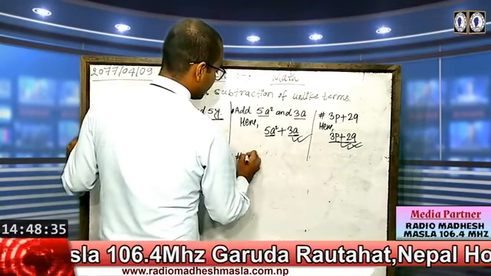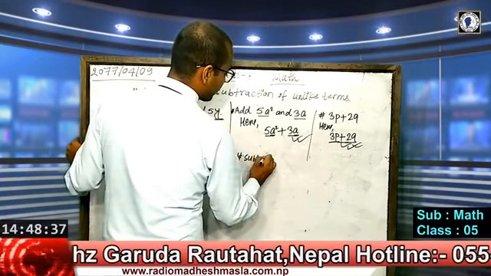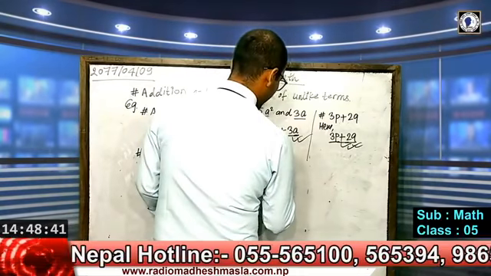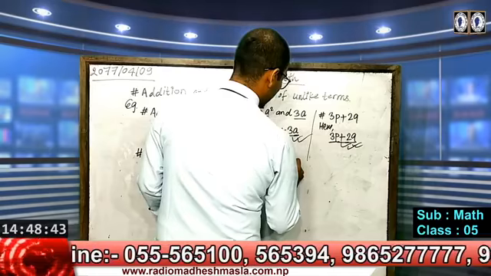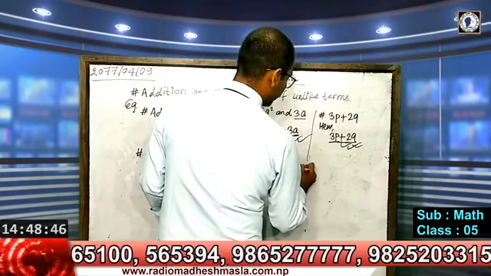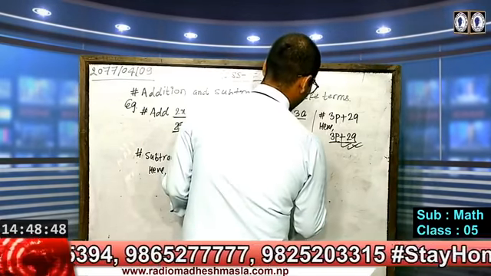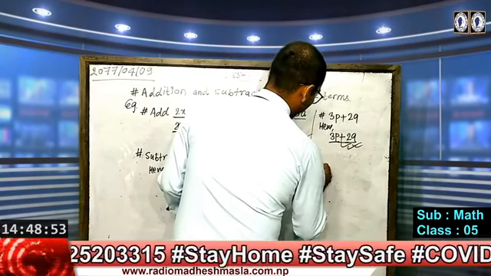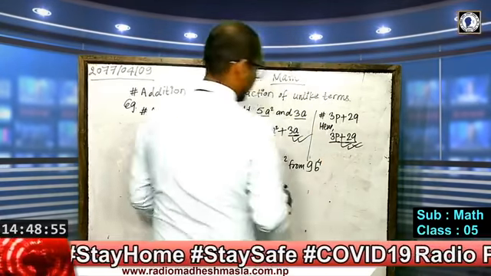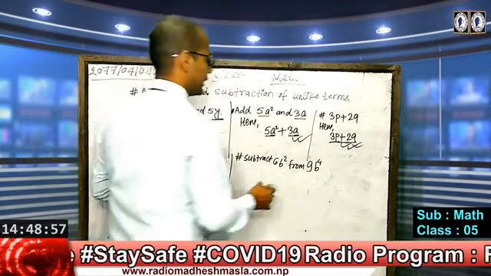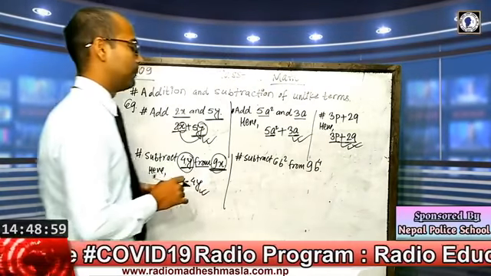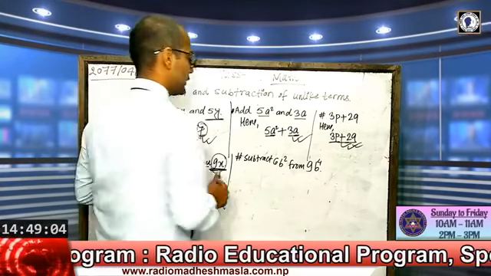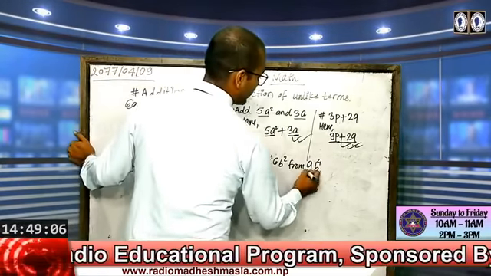Subtract 6b² from 9b to the power 4. Again, we should write first the term which is given after "from".